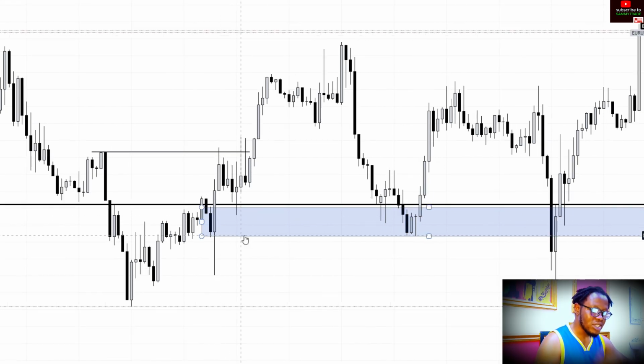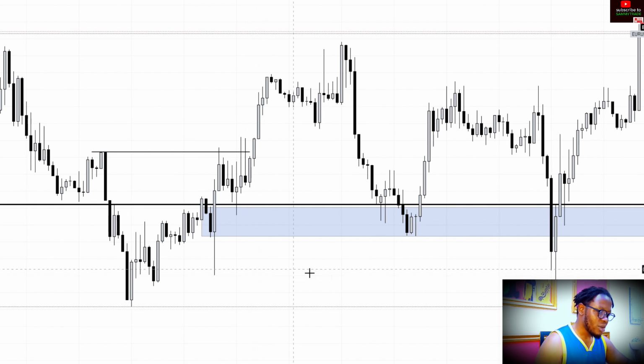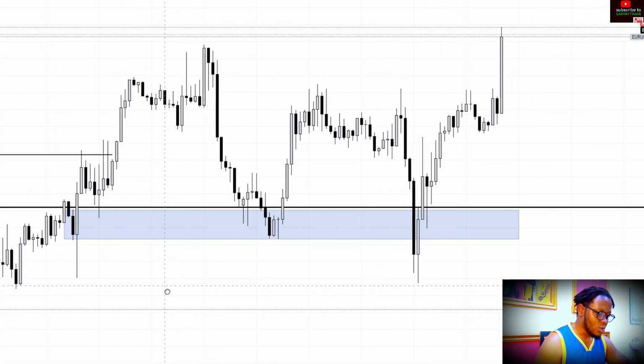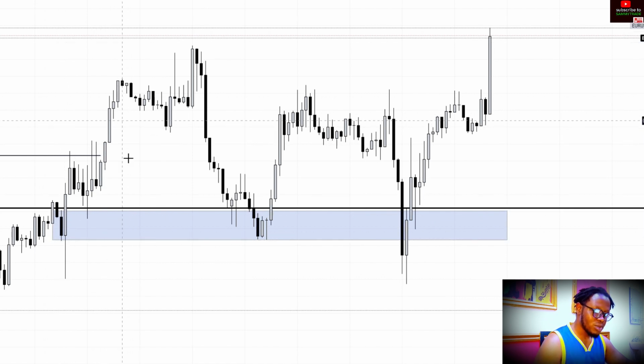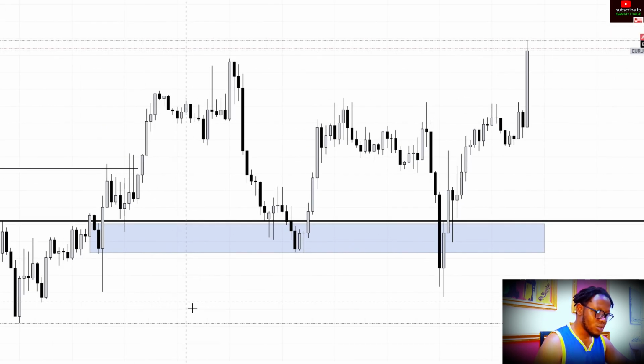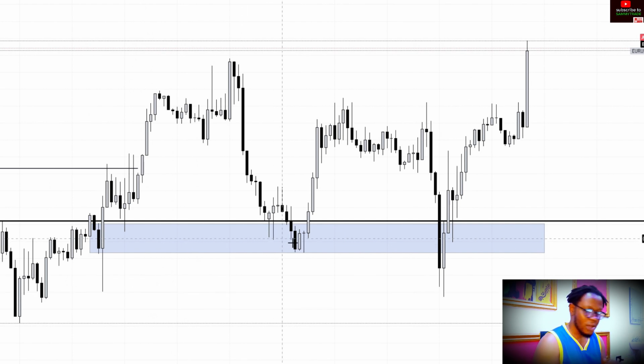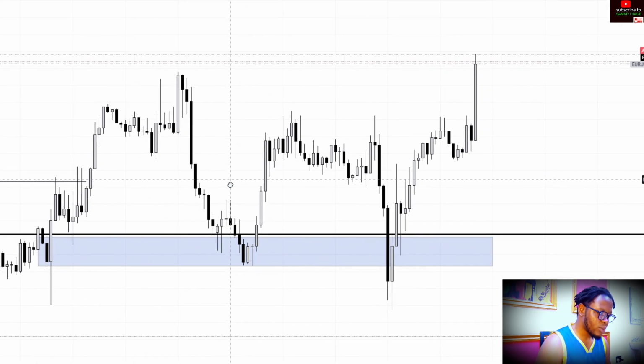The candlestick before that engulfing candlestick is the order block. I've made a video concerning order blocks, you can go and check it out. So we are waiting for price to respect that order block or demand zone before price broke structure. As you can see here, price respected it at this point.